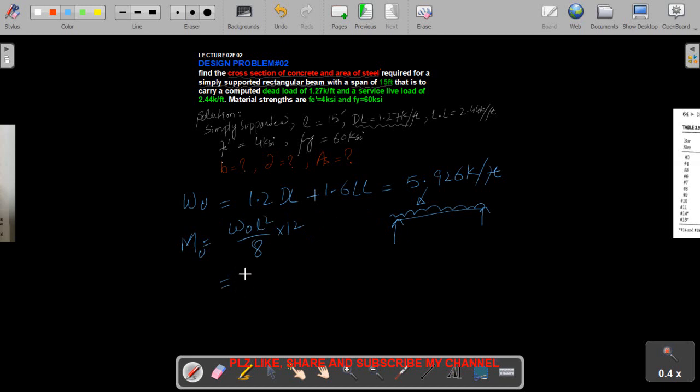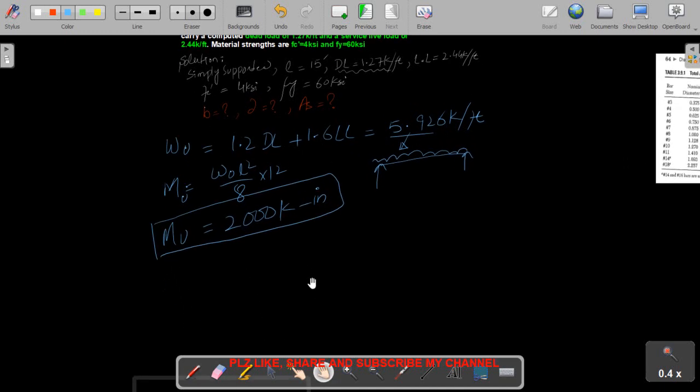So it will give us 2000 kip inch, right? Wu is this much, multiplied with L squared, that is 15, multiplied with 12, we got our moment, 2000 kip inch.